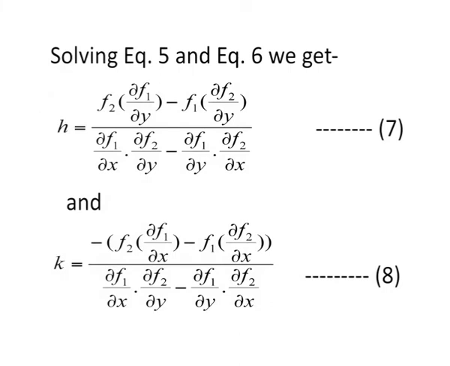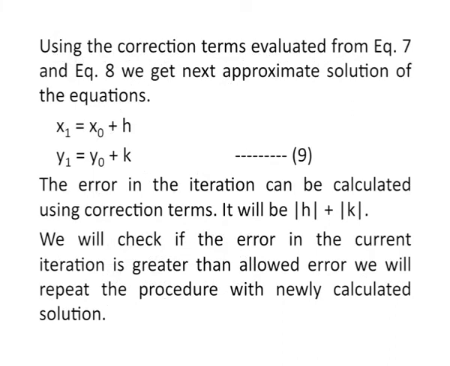In 7 we have the expression for h, and in equation 8 we have the expression for k. Now, using these correction terms, we can find the next approximate root, x1 and y1. We will again use the same criterion for stopping the iteration, that is, we calculate the error in the iteration, the sum of the errors in the two variables x and y, that is the absolute values of h and k. If this error is greater than epsilon, we repeat the whole procedure, and if this error becomes less than epsilon, we stop the procedure and write the roots as x0 and y0.